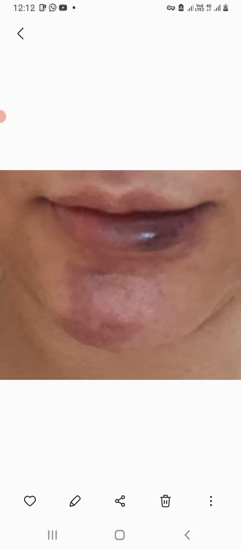So, when we inject filler in the lower lip and we see these patterns, we should think about the anatomical obstruction, and we should do the right choice.